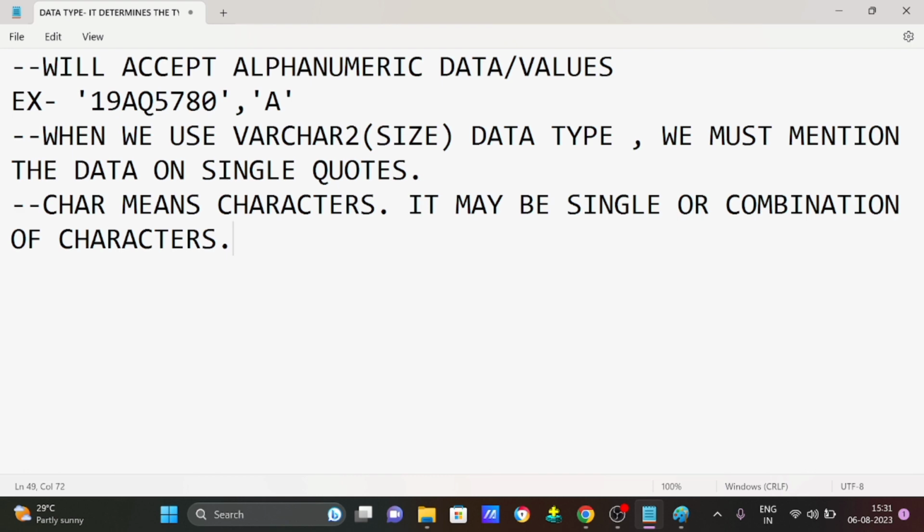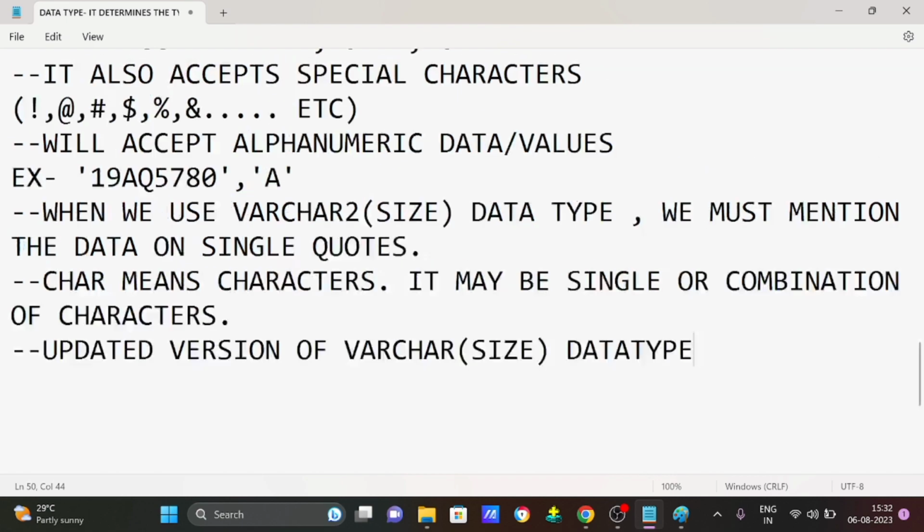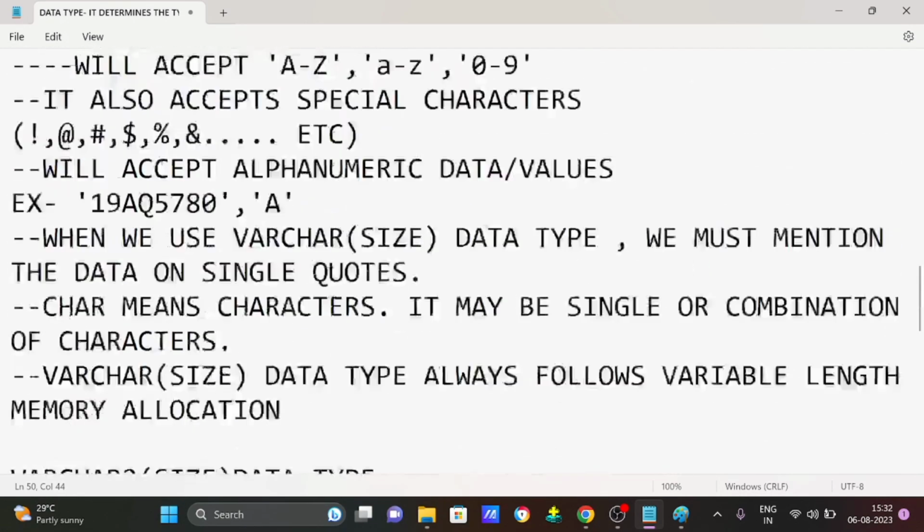Now, this can be referred to as the updated version of varchar of size data type. This is an updated version of the previous data type, and here the size of the data that it accepts is 4000.